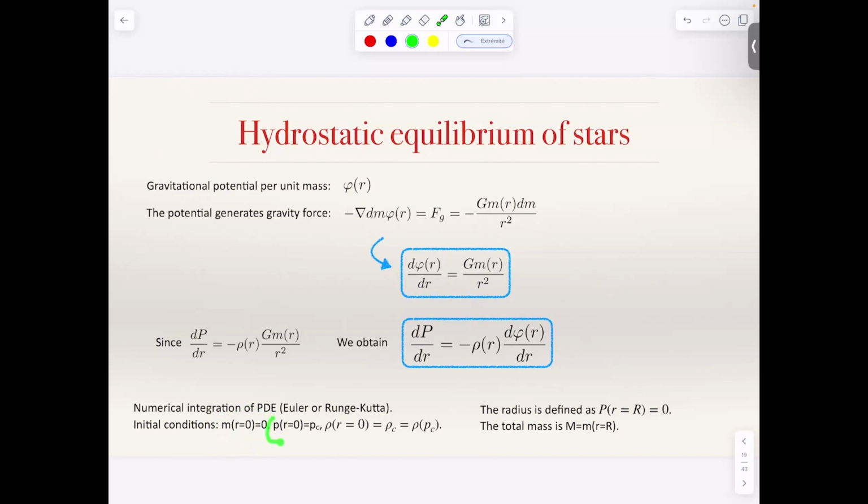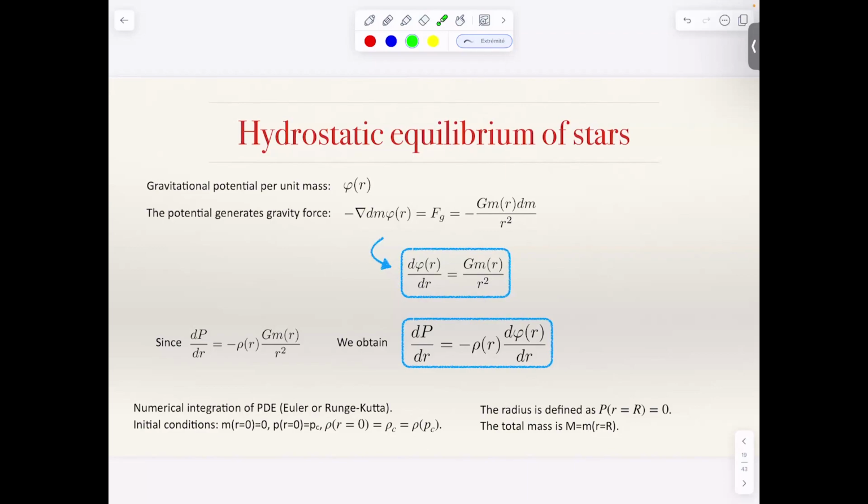The pressure is not 0. The pressure is given by you. For instance, you say, I want to generate a star with a given value for the internal pressure. You can call it PC, and this is what you define at the center of the star. And then you can solve this differential equation from the center outward.